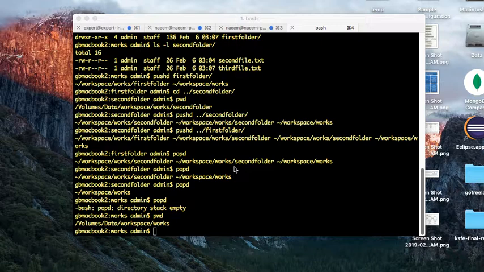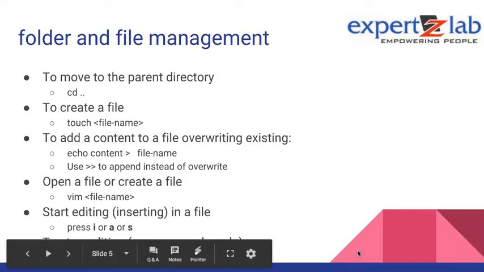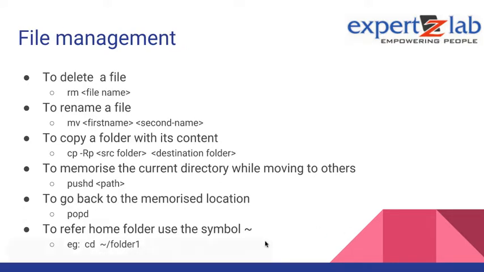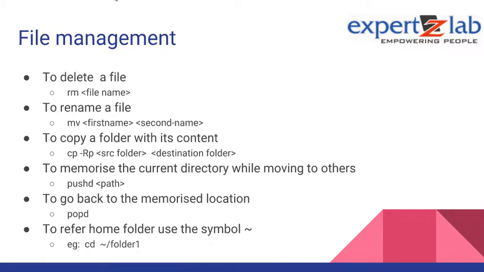Another handy thing is that you can use a command for simply moving from one location to another. For example, you can use the cd command with tilde, which refers to your home folder.